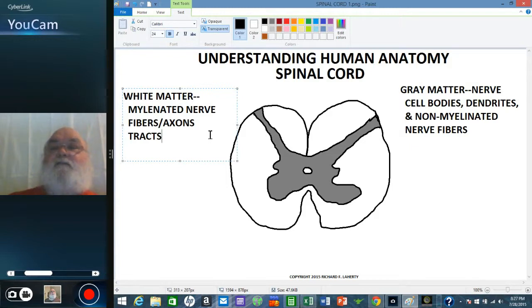Now, there's not really an exception, but in addition to the gray matter on the inside, in the cerebral hemispheres and in the cerebellum, there's gray matter on the outside as well, and that is called a cortex. So in the cerebral hemispheres and in the cerebellum, you have gray matter on the inside, then a bunch of white matter outside of that, and then on the very surface, more gray matter.